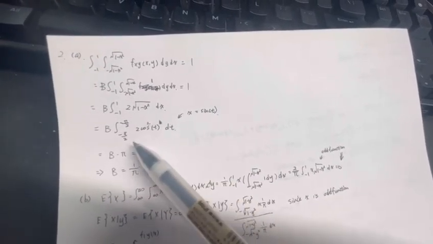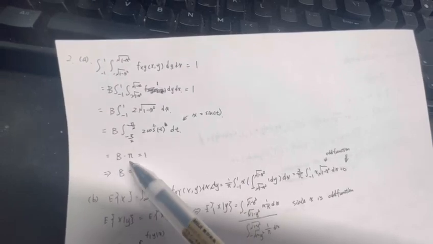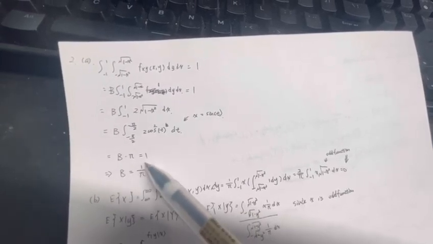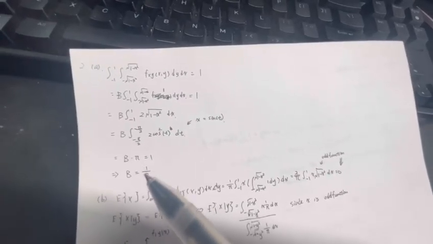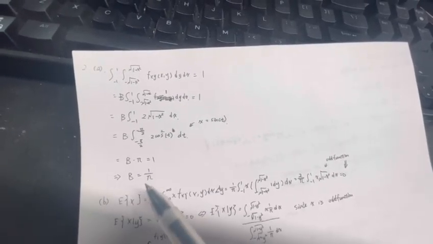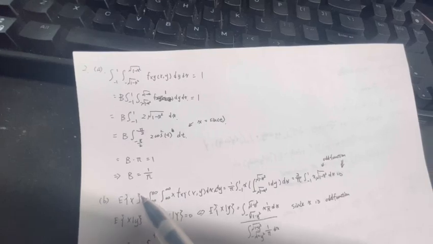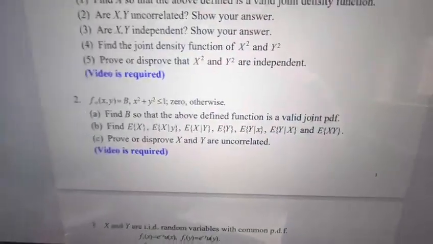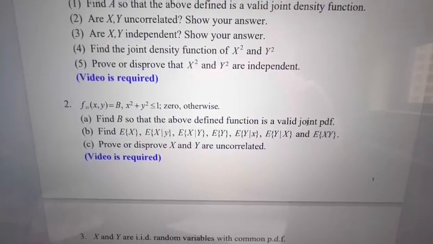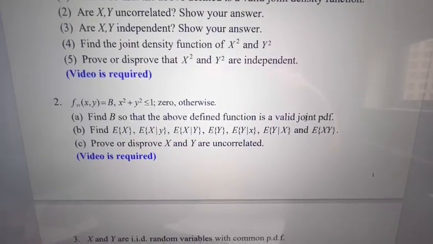We calculate this part and it equals pi, so b times pi equals 1, and this function will be a valid joint density function. So when b equals 1 divided by pi, this function is a valid joint density function.